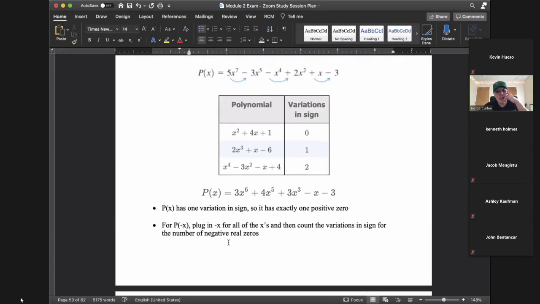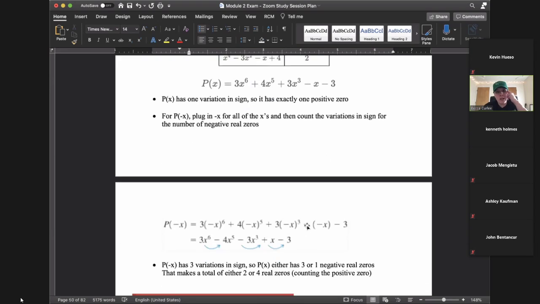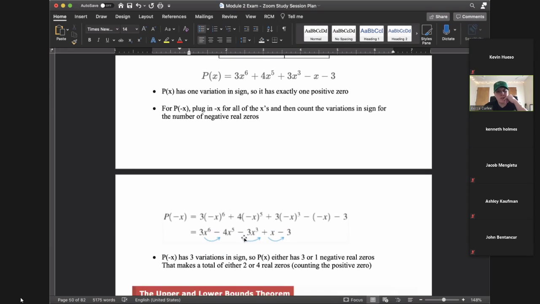So for P of negative x, you're going to plug in negative x for all of the x's and then count variations in sign for the number of negative real zeros. So to find the number of negative real zeros, we've got to do P of negative x. So like I said, we're going to just take this P of x, and everywhere we see x in this original equation for P of x, we're going to plug in a negative x. So it gives 3x to the 6th minus 4x to the 5th minus 3x to the 3rd plus x minus 3.